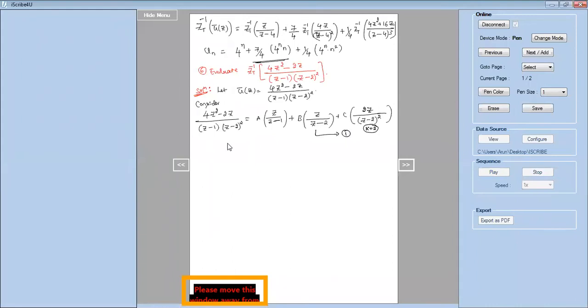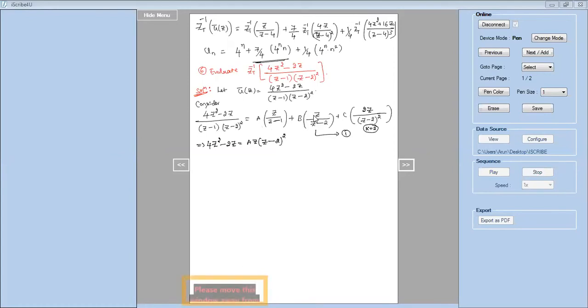We take LCM and we simplify. We equate the numerators. So this implies 4z² − 2z is equal to, look at this, (z − 1) gets cancelled, so here you get just Az into (z − 2)², cross multiplication.